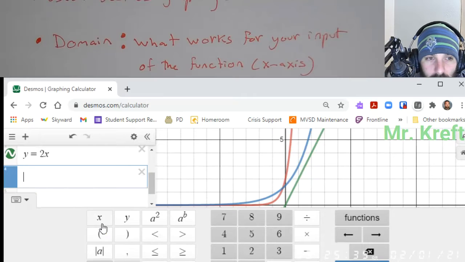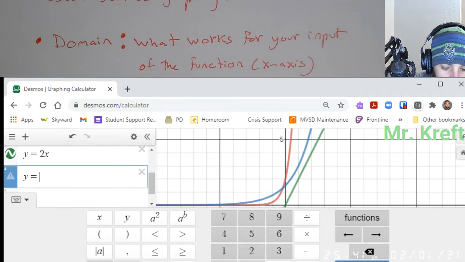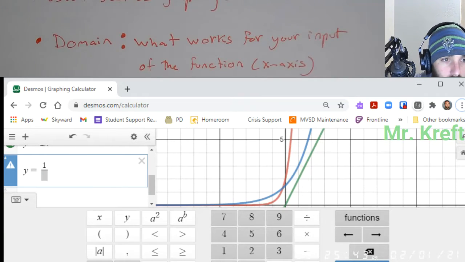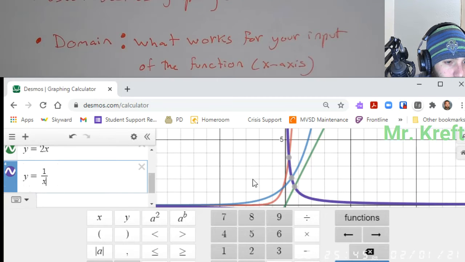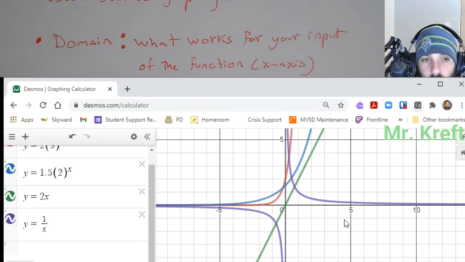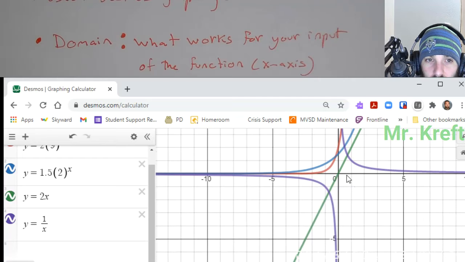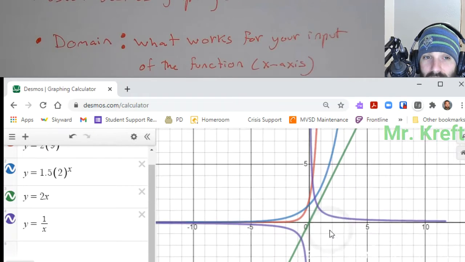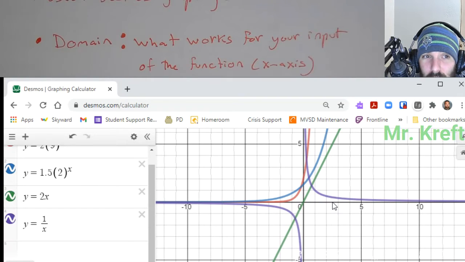If you want an example of what that would look like, I can graph this. And don't worry, you don't need to know this yet. If you look at the purple one, do you see how the purple doesn't really have a point at 0? That would be an example of the domain being x can't equal 0.